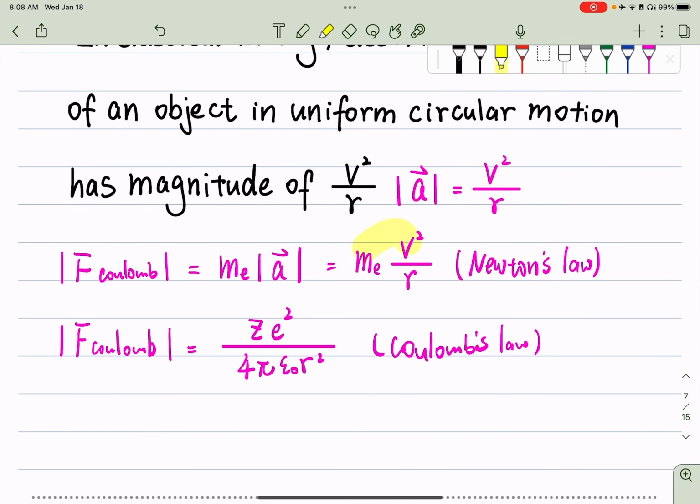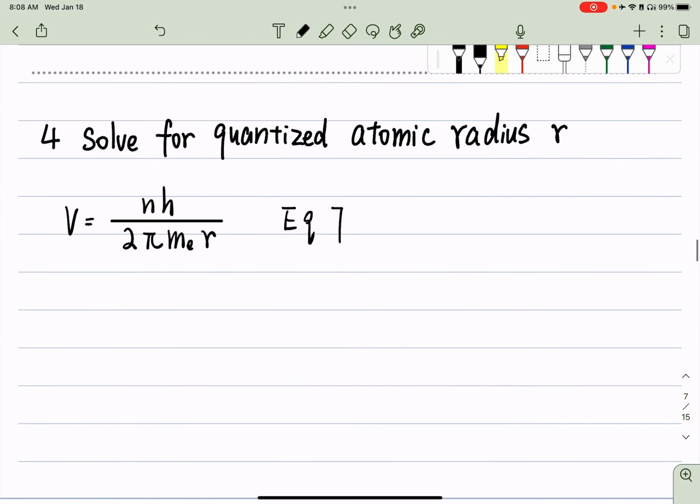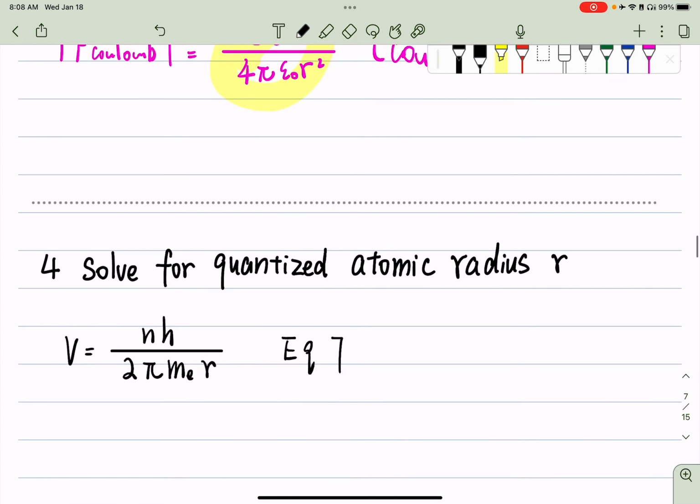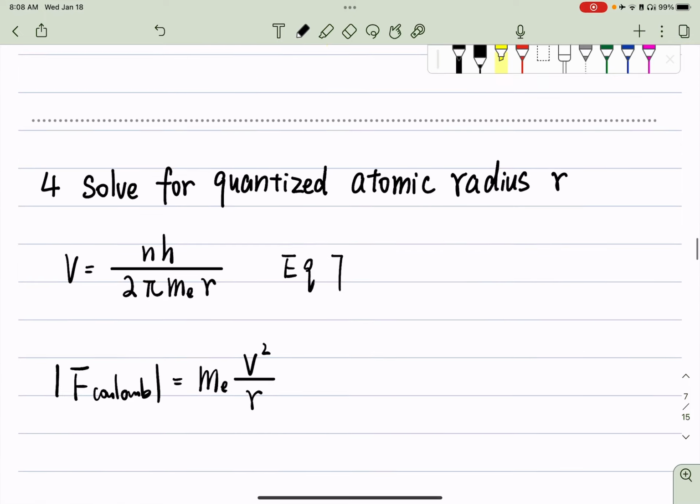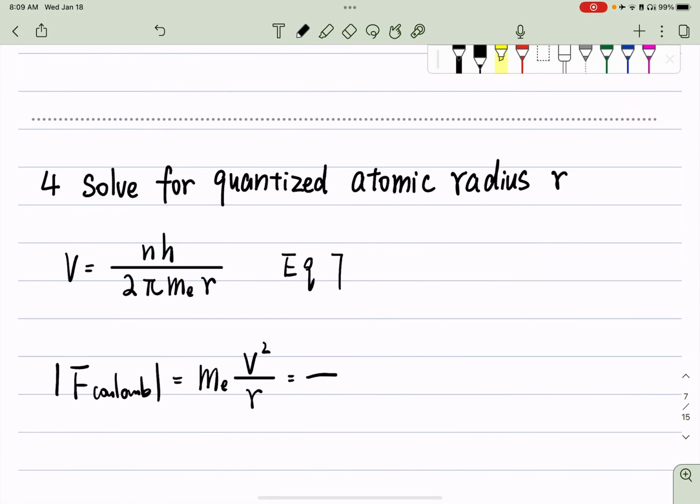So these two terms are equal to each other. Writing that out, we have F Coulomb equals m_e v squared over r, that's from Newton's law, and at the same time equals Z e squared over 4 pi epsilon naught r squared.